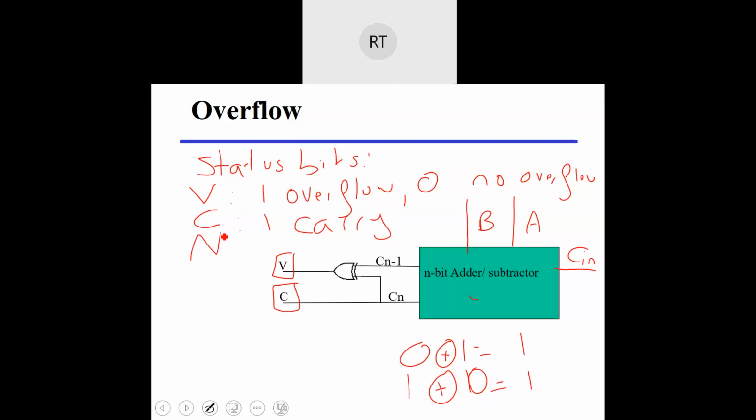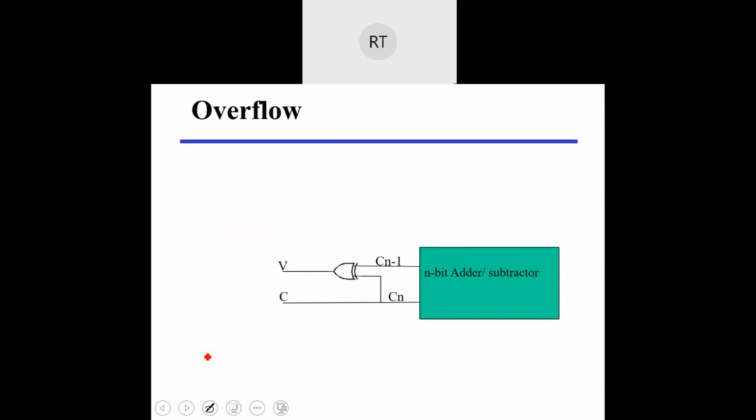Now it is your turn. N is a status bit. It's going to be 1 if it is negative and 0 if it is positive. Okay? And the last status bit you should know about is the Z. So I have the V overflow status bit, the C if I have a carry, the N if it is negative, and the Z if the answer is a 0.